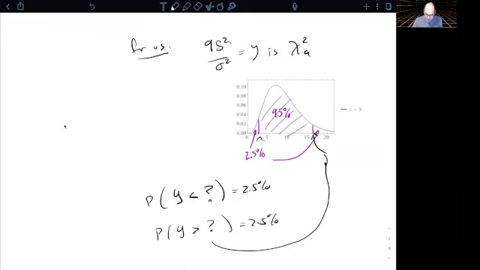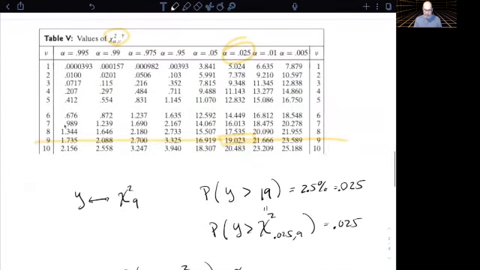To figure out what this number is on the left, you know that 2.5% of the stuff is supposed to be to the left, which means that 97.5% is going to be on the right. So this second question mark is going to be the number such that 97.5% of this stuff is to the right of it.